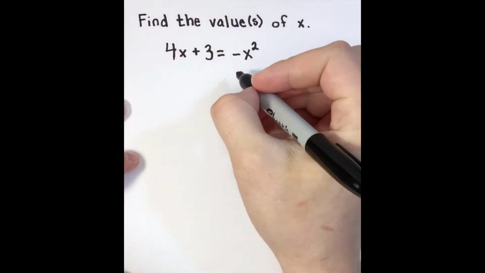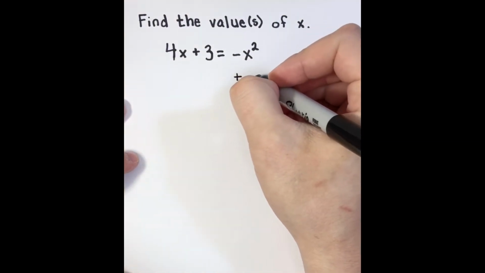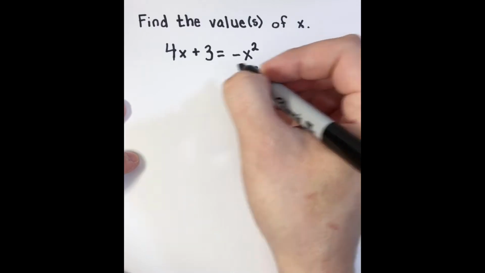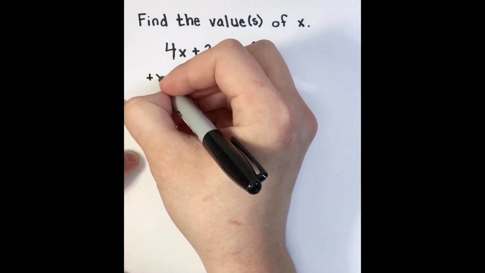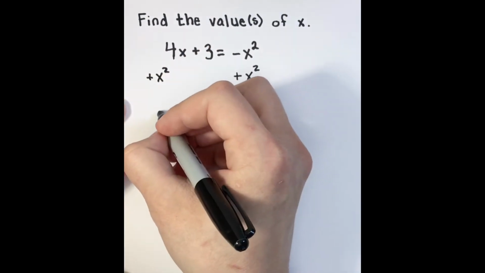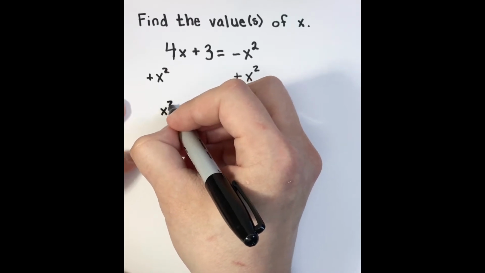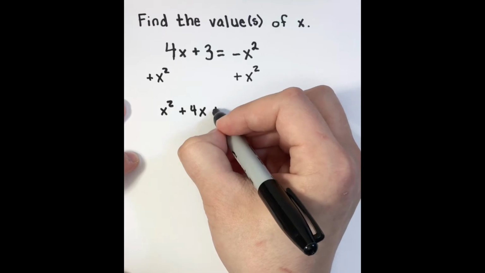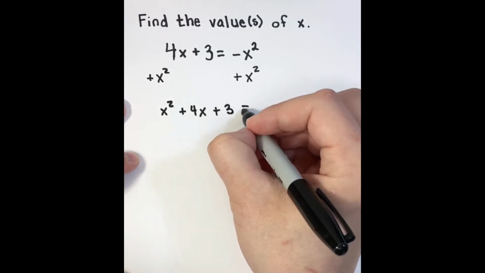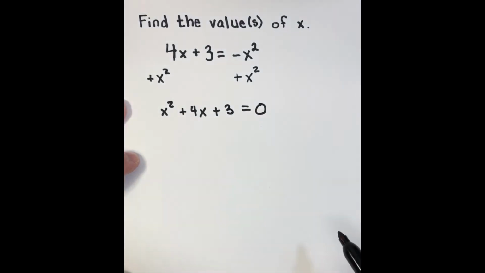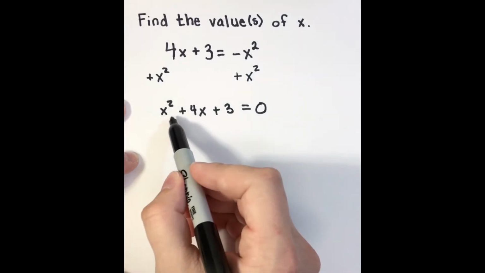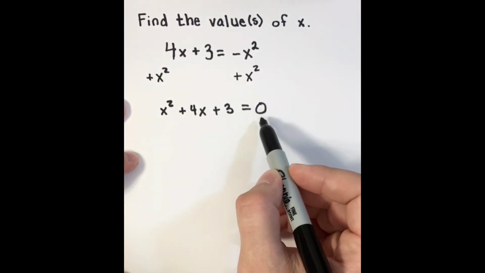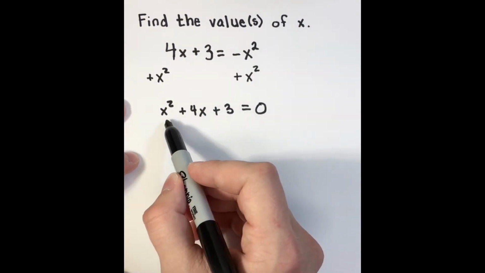So the first step for this problem is I'm going to add an x squared to both sides. That's going to give me x squared plus 4x plus 3 equals 0. Now that I have all of my numbers and variables on one side and 0 on the other, I can start to factor.